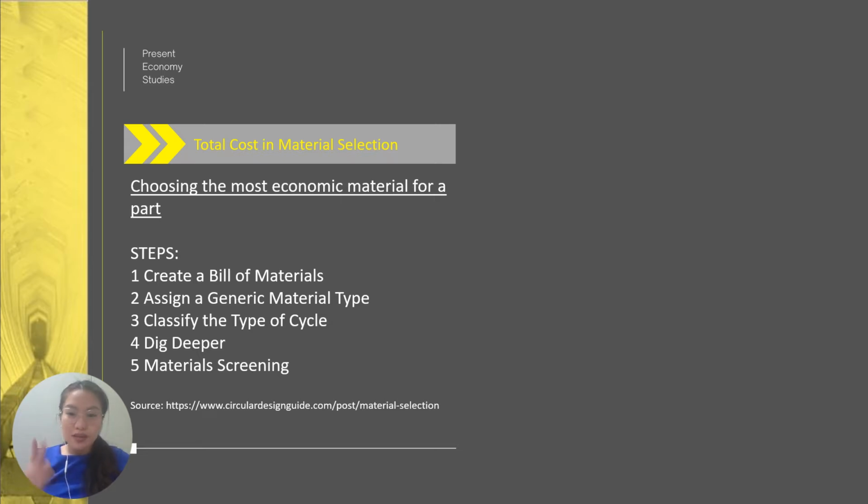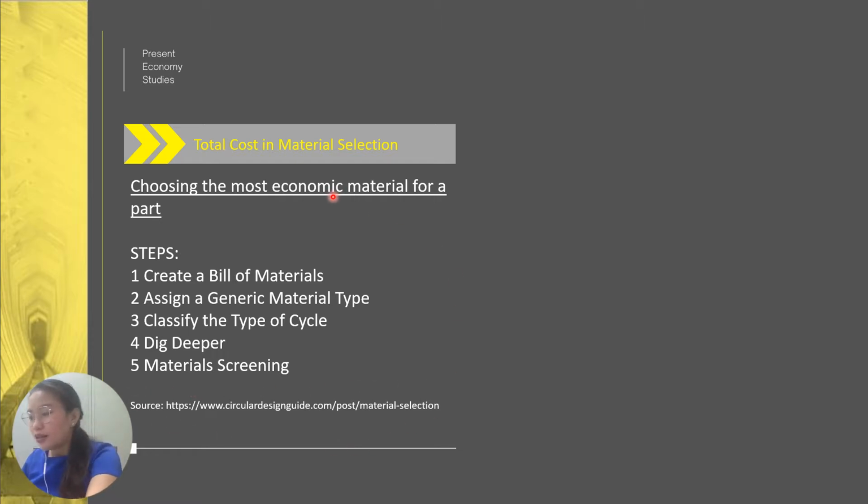These two examples are posted in our lecture notes, but for the purpose of this video, I am going to mention and introduce an external source, from an online source about material selection. I posted the source here at the bottom.